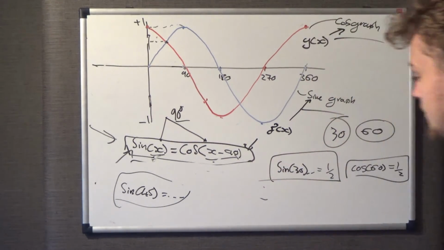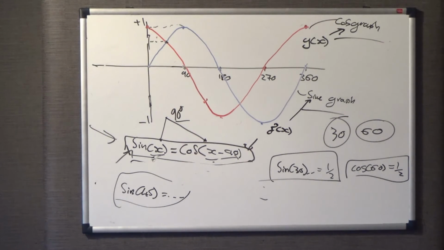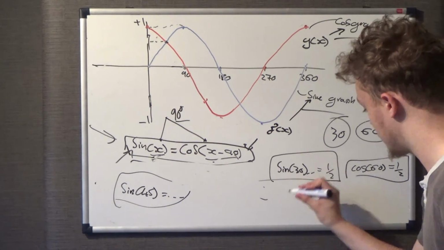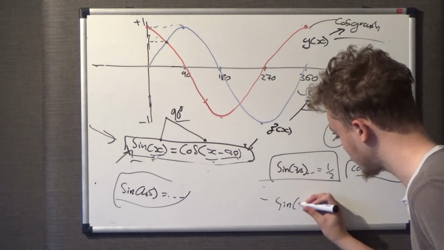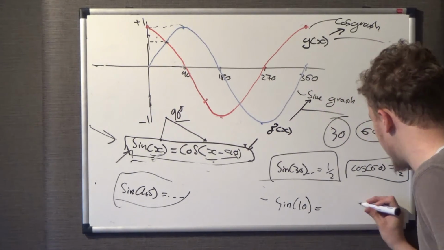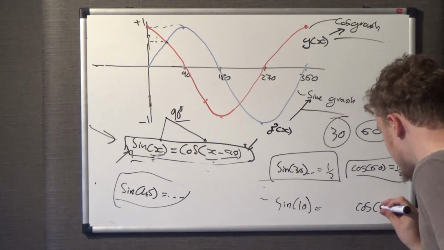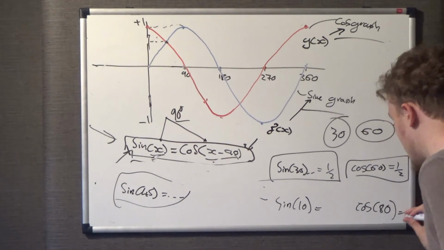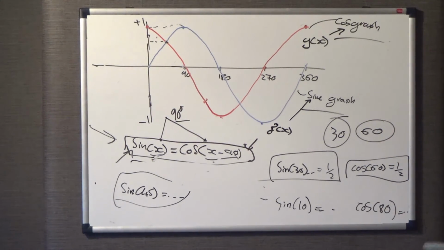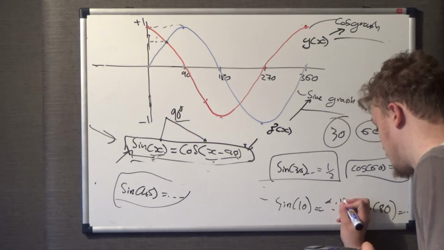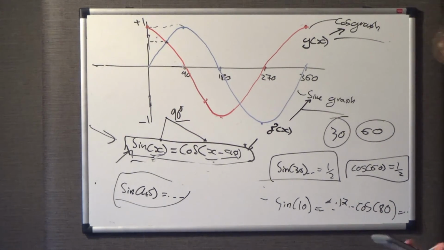You can do this as many times as you want. It won't be broken. Let's do the sine of 10 and the cos of 80. Do the sine of 10, which gives 0.17. Now that might be a bit more tricky to make it the same.